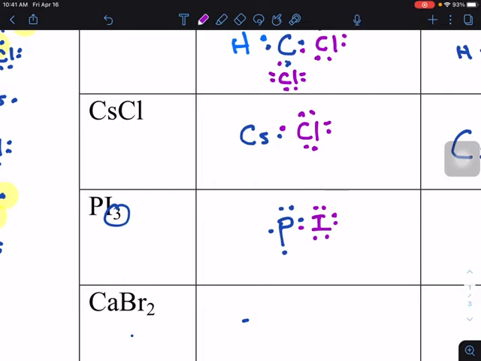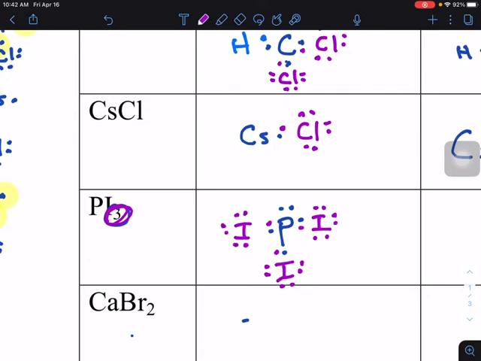Another iodine right here with one electron that's being shared with phosphorus. 1, 2, 3, 4, 5, 6, 7. And remember there's 3 of them, so we've got one more iodine, which is sharing one electron with phosphorus. 2, 3, 4, 5, 6, and 7.